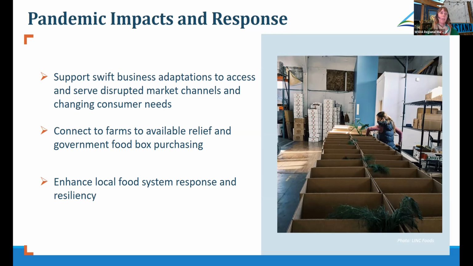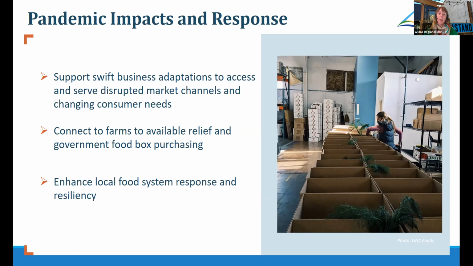So we looked at what we could do to support that with some small amounts of funding, trying to collaborate with other partners to get some more visibility in the marketplace with some marketing and promotions activities and some directories that were easily searchable so that consumers who were wanting to shop locally had an easier time of connecting with local farms.